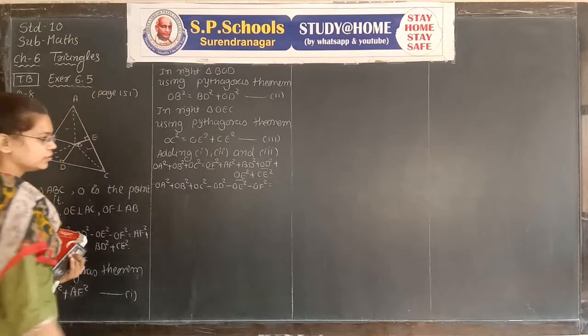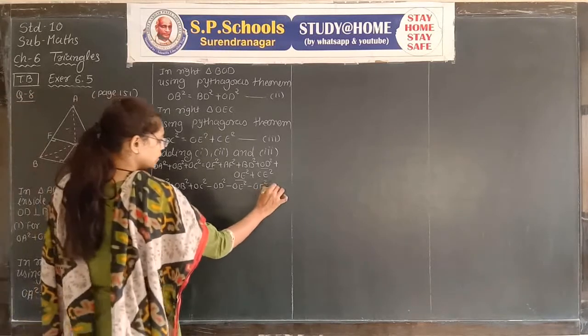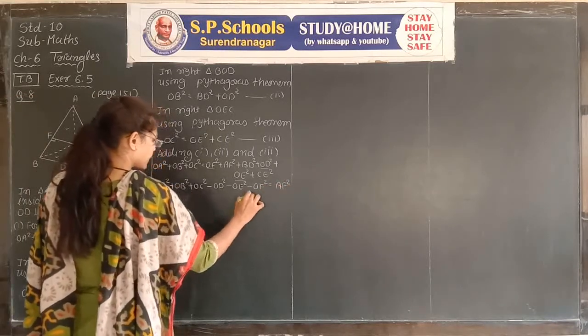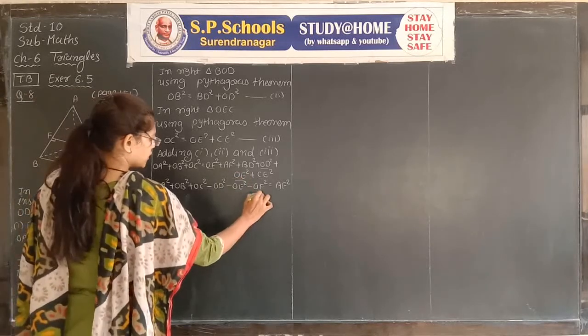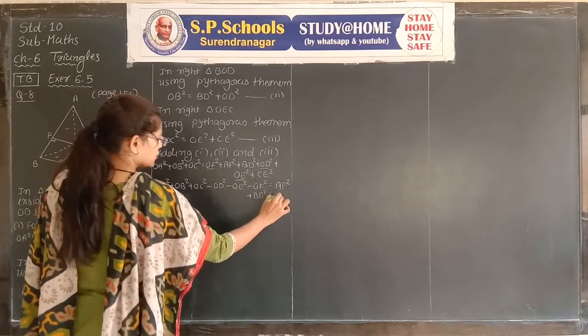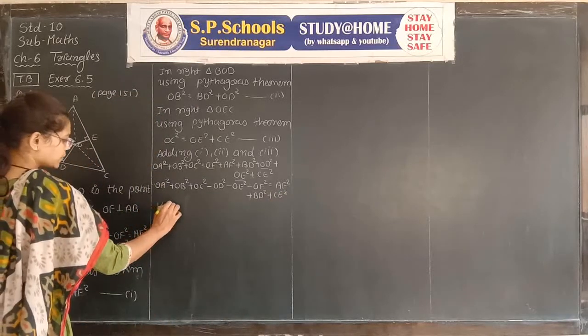What is left on the right hand side is AF square plus BD square plus CE square. Hence proved. The first thing is proved.